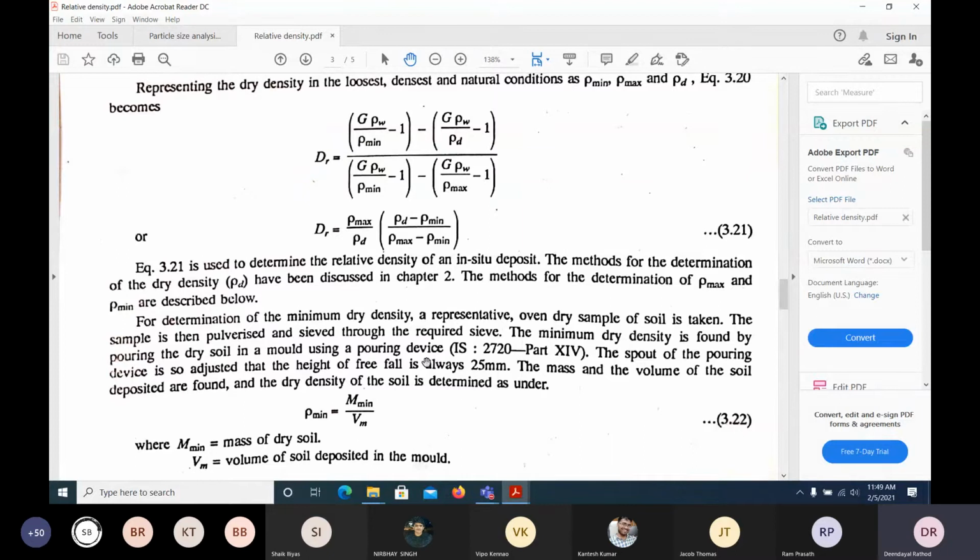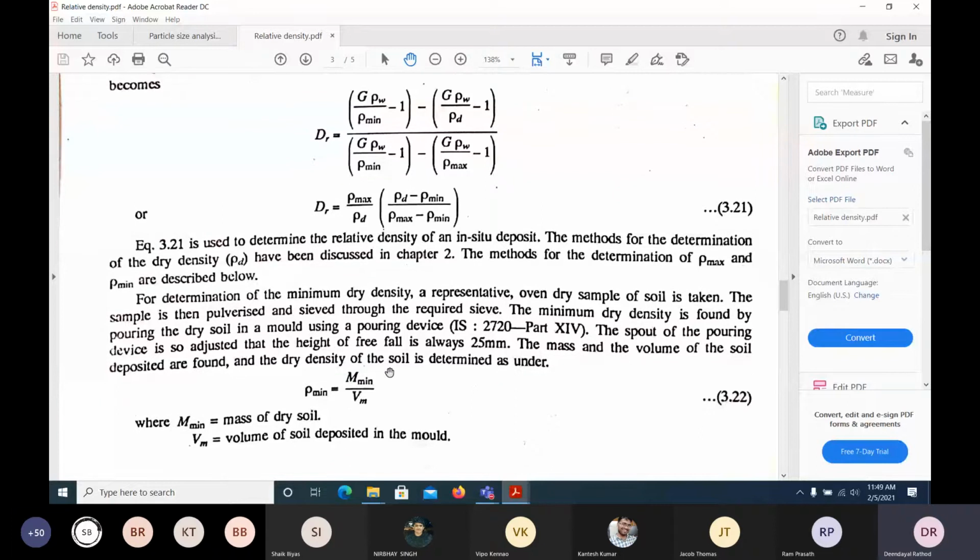Then slowly it will fill this particular container. Generally the spout of the pouring device is adjusted so that the height of fall is 25 mm. The mass and volume of the soil deposited are found, and we can find out this minimum density.